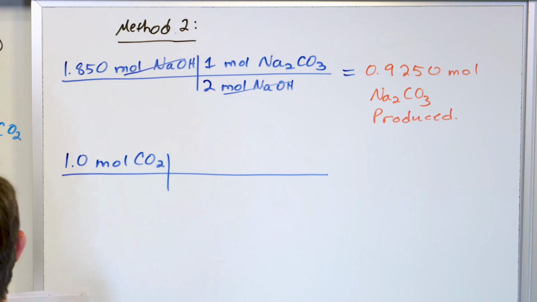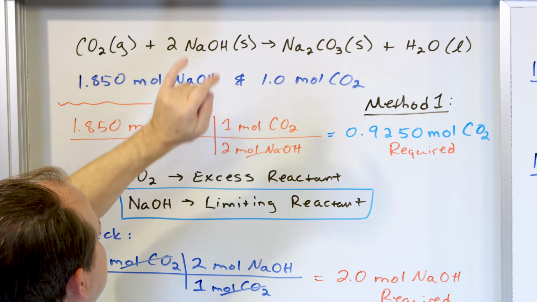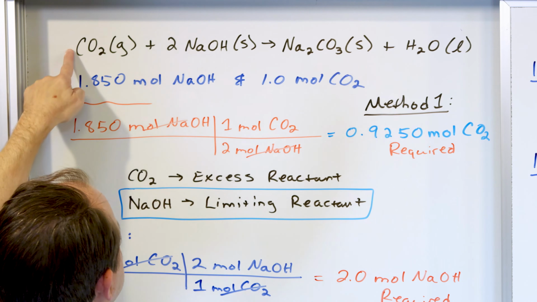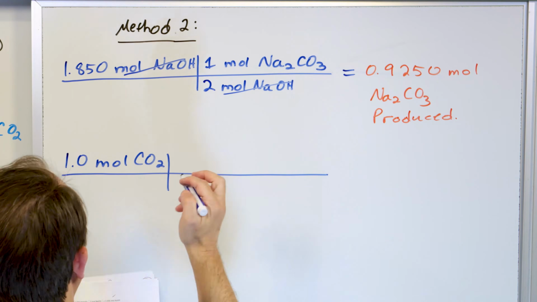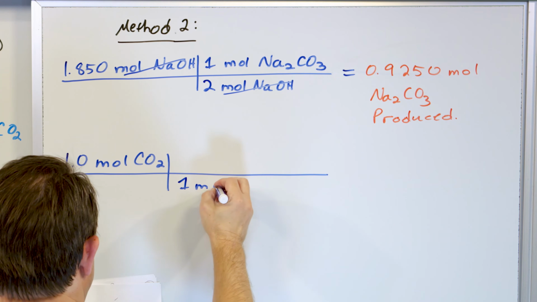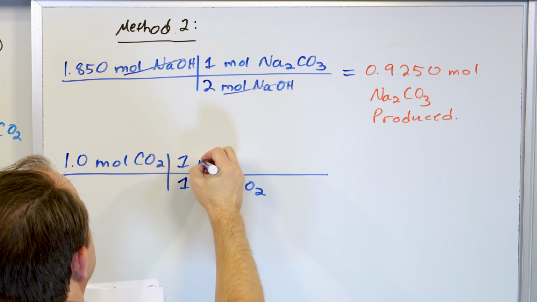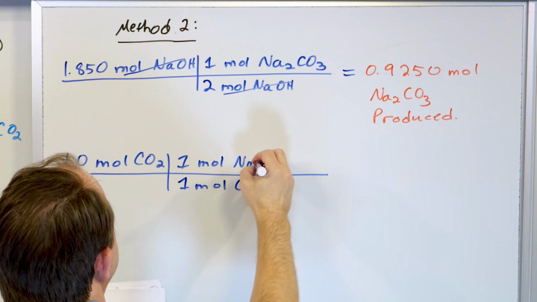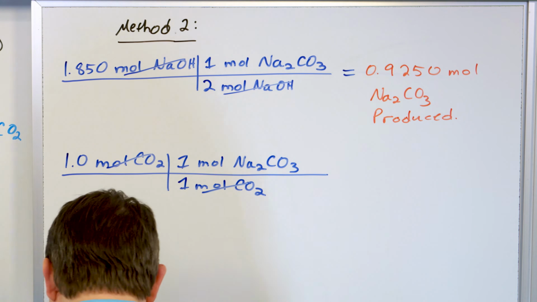Now, if this were the limiting reactant, 1 mole of CO2 forms 1 mole of Na2CO3. Cancel, cancel.